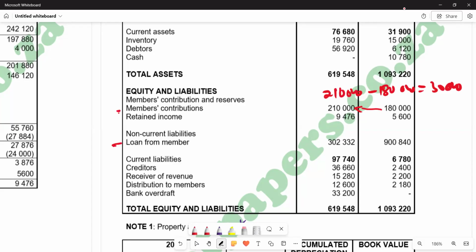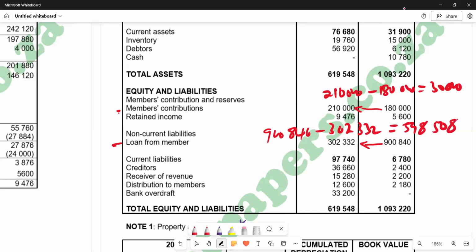Then we go to loan from members, which is a movement from 900,840 to 302,332. To find the difference, we say 900,840 minus 302,332. We see that the figure we get is 598,508.